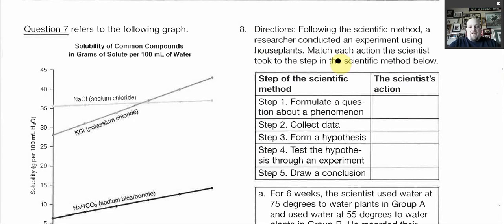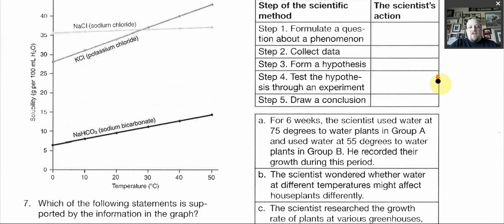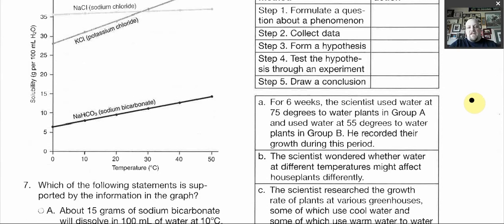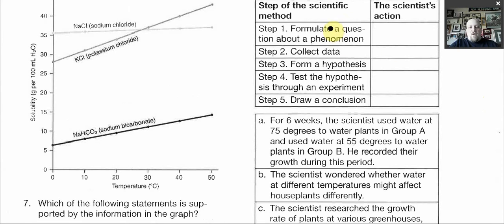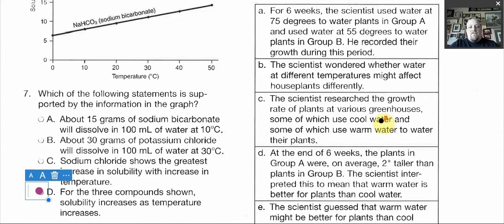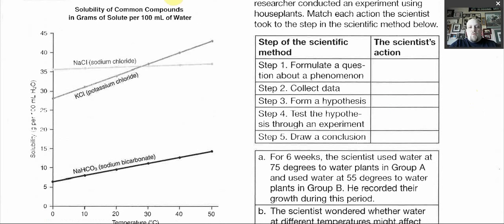Match each action the scientist took to the step in the scientific method. So you're going to look at basically the scientific method from formulate a question to draw a conclusion, and then the testing and hypothesis. So it's going to give you 5 or 6 examples here, and then you just have to match them up into whatever category they go to.